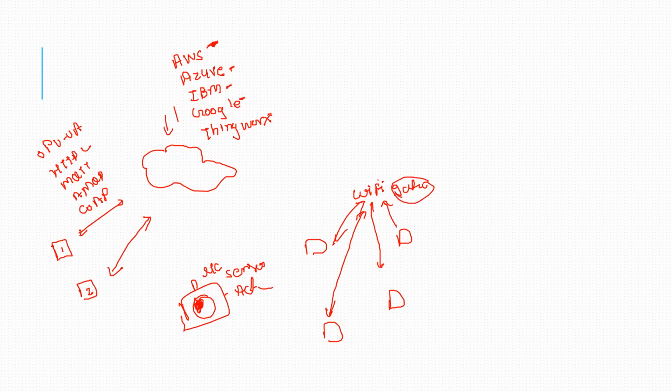If you're implementing the analytics here, this is fog computing, this is edge computing, and this is the cloud part. We can also move the data from the gateway to the cloud platforms.